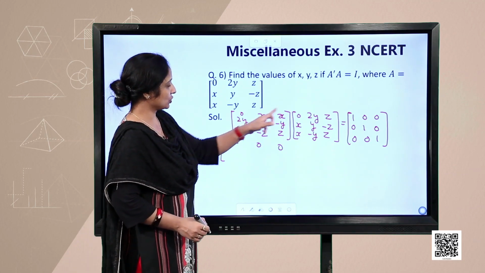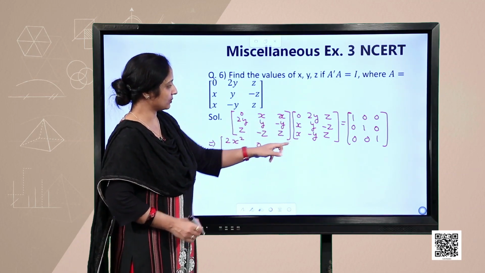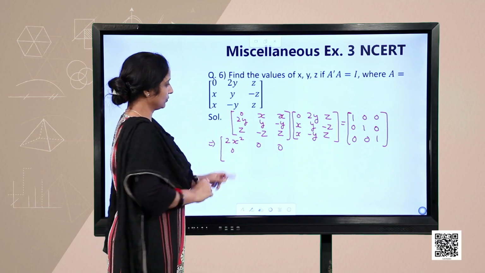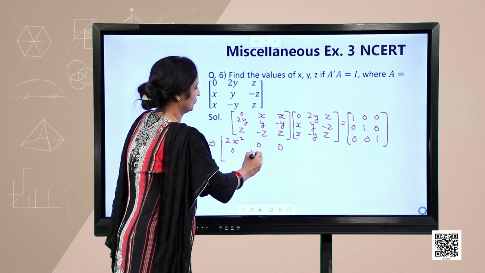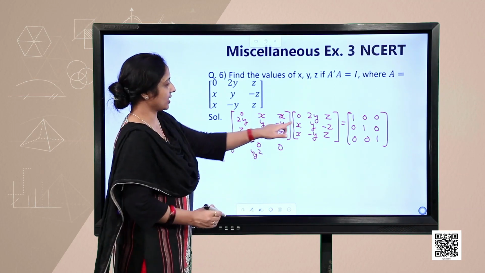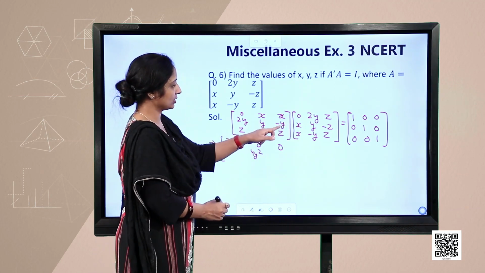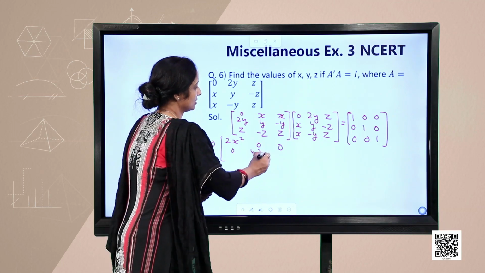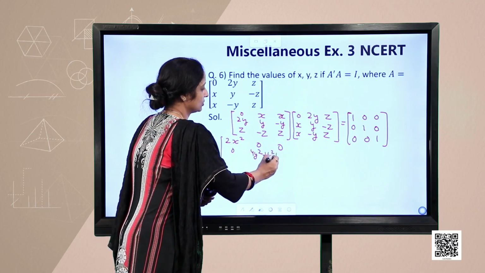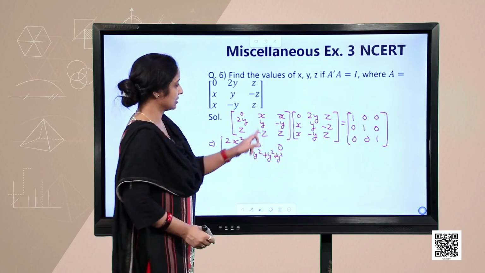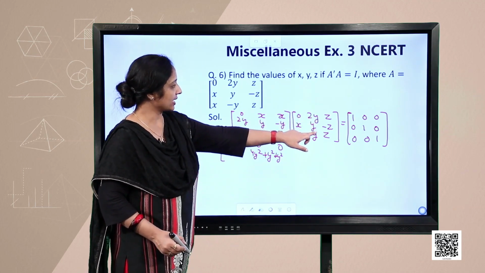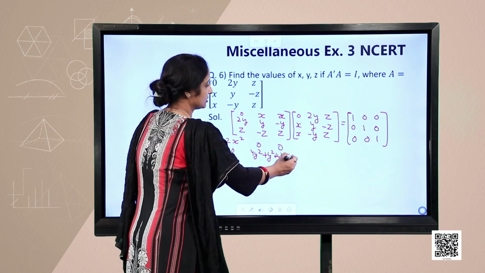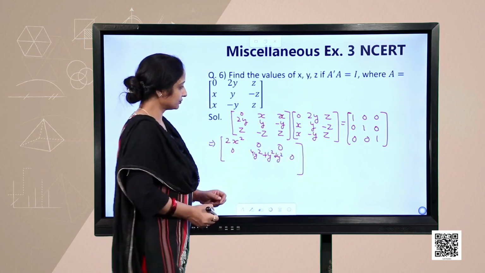The next term, 2y into 0, xy minus xy is 0. 2y into 2y is 4y square, y into y plus y square and plus y square more. So, you can write next element like this. Then comes last element of this row, 2yz minus yz, this is giving me 0.